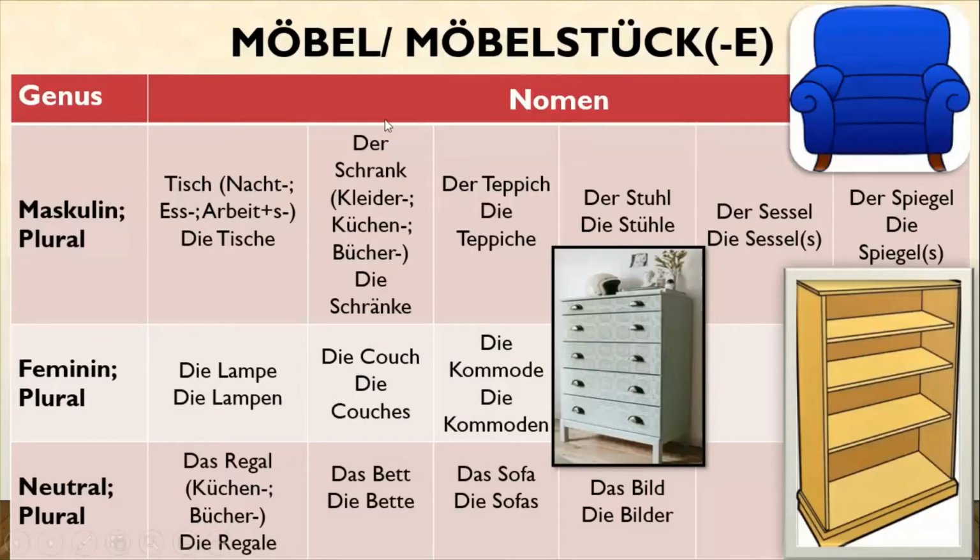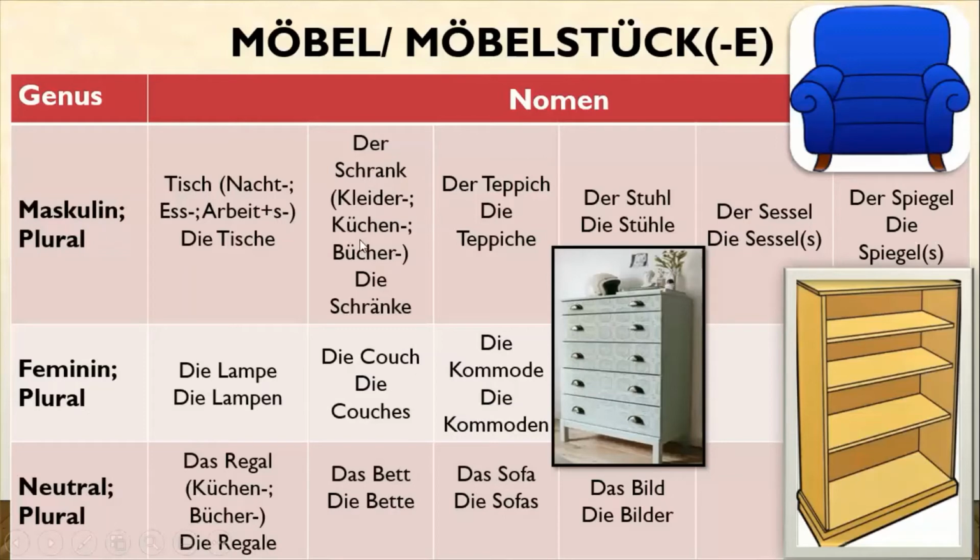Then we have the noun der Schrank, which is the cupboard. Again, we can have many variations. We can have the wardrobe or the clothes cupboard, which is der Kleiderschrank, because Kleider are clothes.